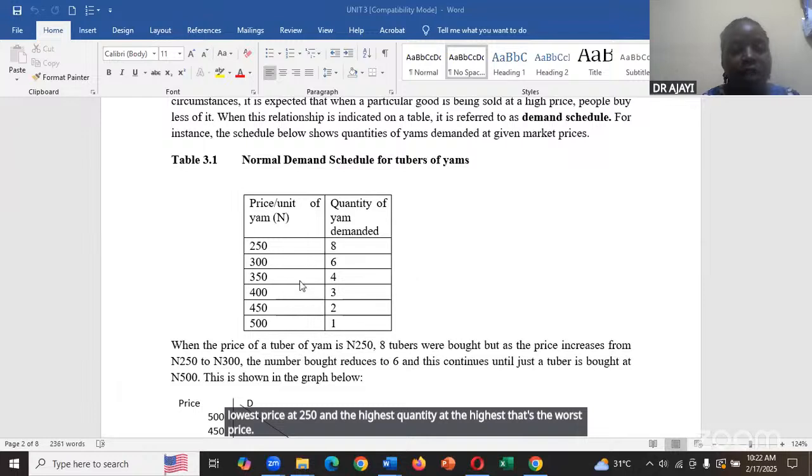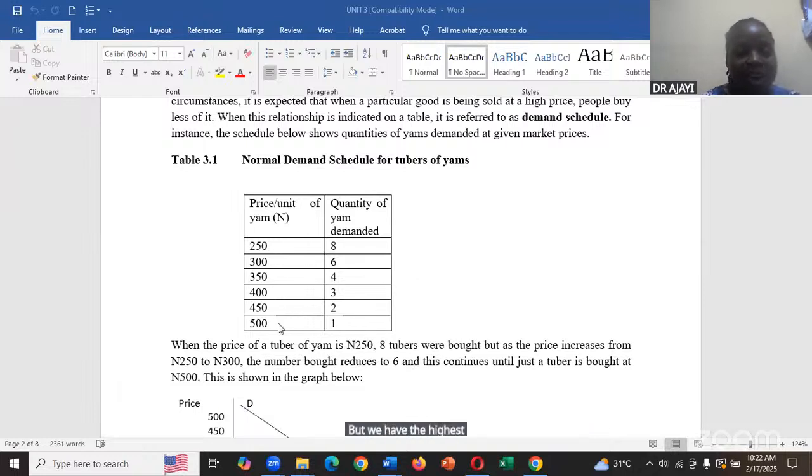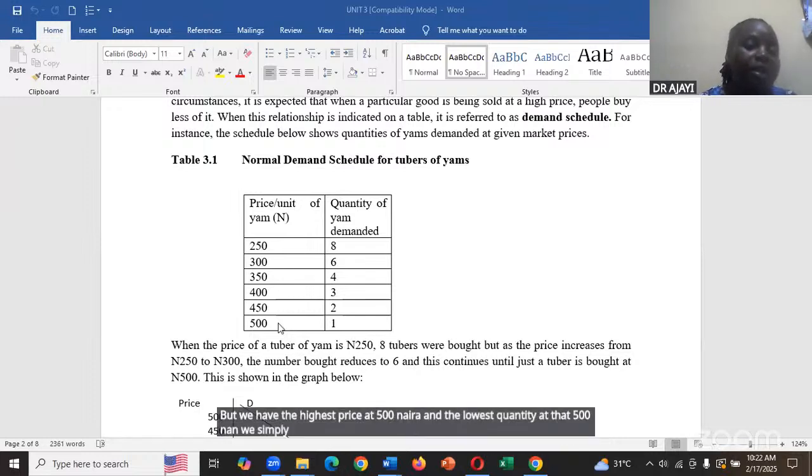But we have the highest price at 500 naira and the lowest quantity at that 500 naira, which simply means as the price increases from 250 to 300 to 500, the quantity declines.